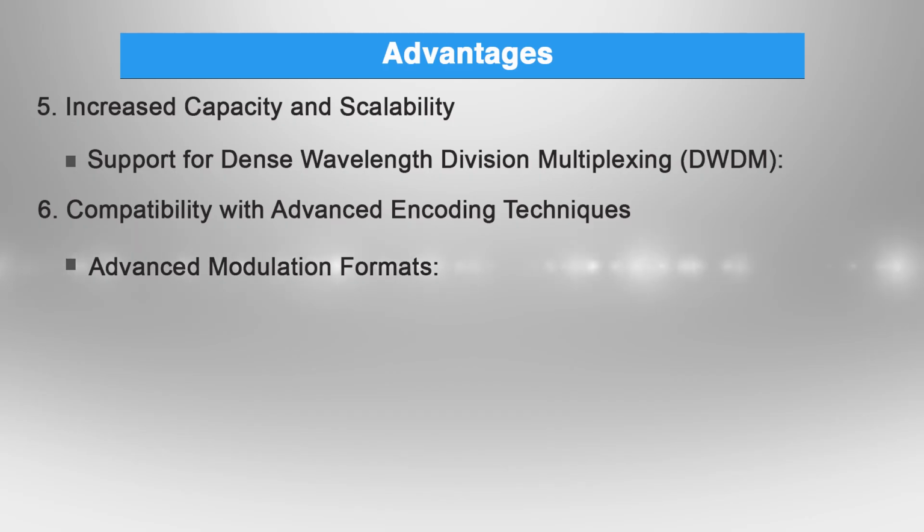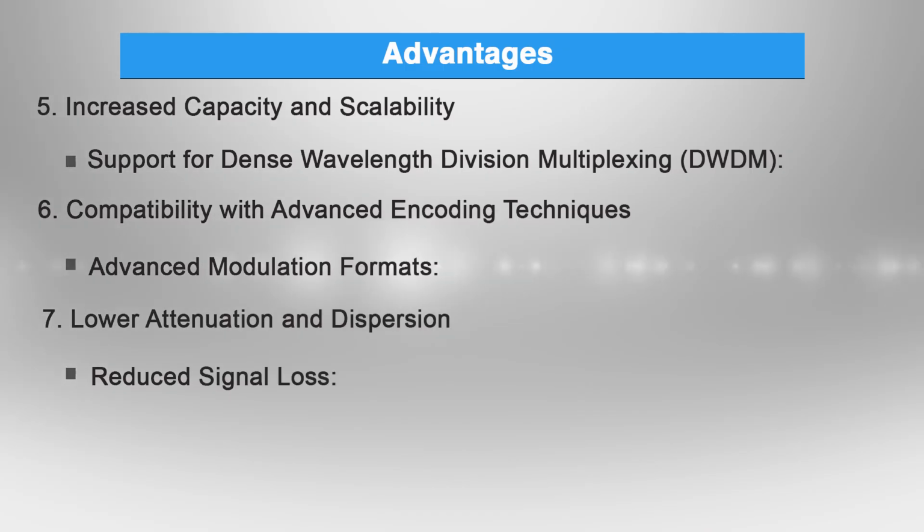Next advantage is compatibility with advanced encoding techniques, which means advanced modulation formats. Optical modulation supports advanced formats like quadrature amplitude modulation, QAM, and phase shift keying, PSK, which can encode more bits per symbol, thereby increasing data throughput.